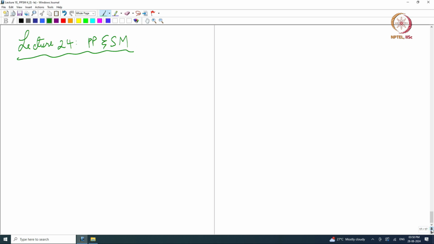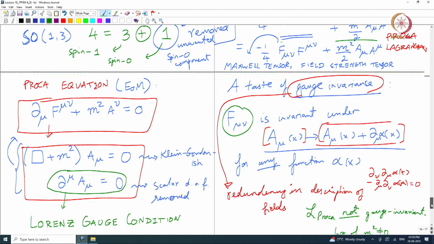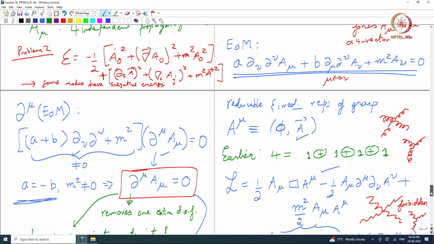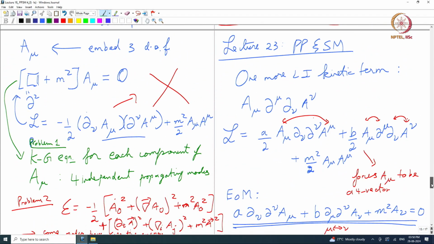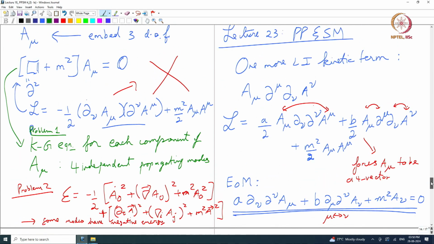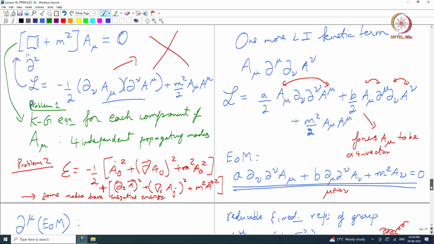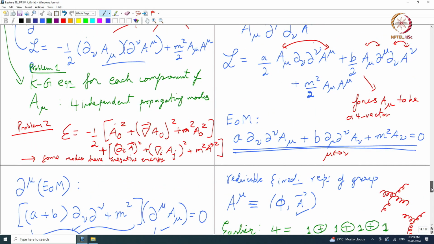So, in the previous lecture we saw how to successfully embed a massive spin 1 particle with 3 degrees of freedom into a field theory, the field into which you are embedding this being a 4 vector, a Lorentz 4 vector, right.